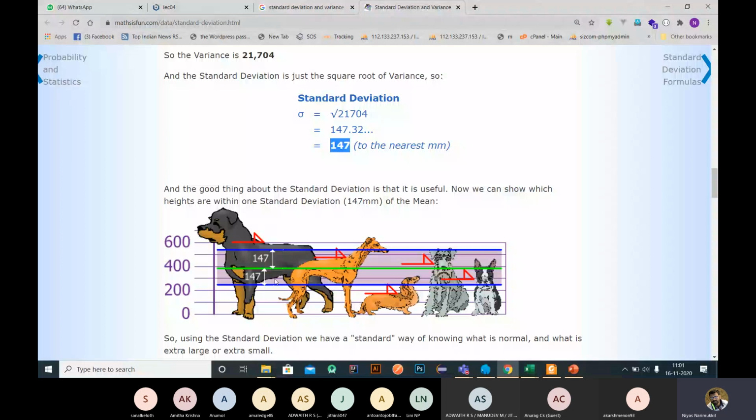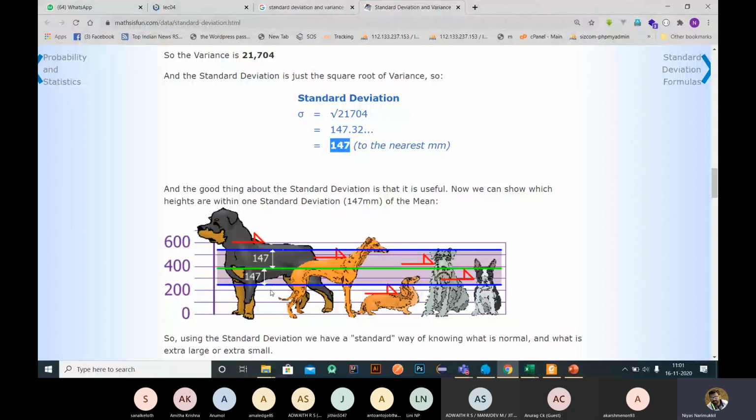That is, mean minus 147 to mean plus 147 is the spread of the height values. The range is mean plus or minus standard deviation, the range where the height of the dog exists.